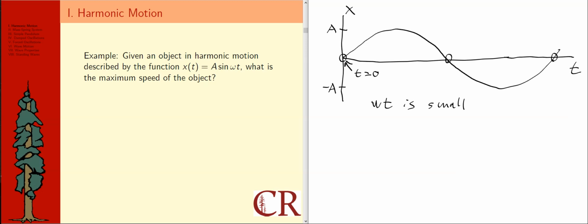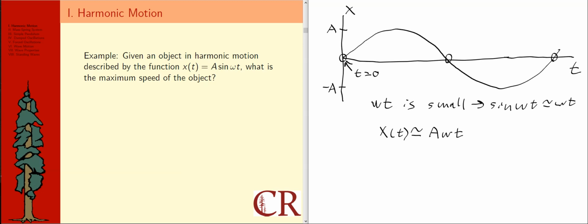So if omega t is small, wouldn't that imply that sine of omega t is approximately equal to just omega t, which would mean that x of t at very small values of time is approximately equal to a times omega t.